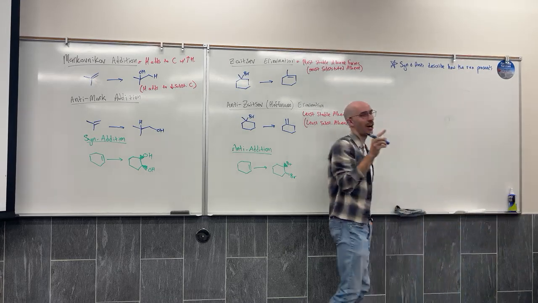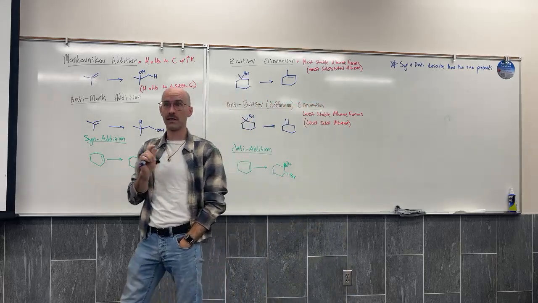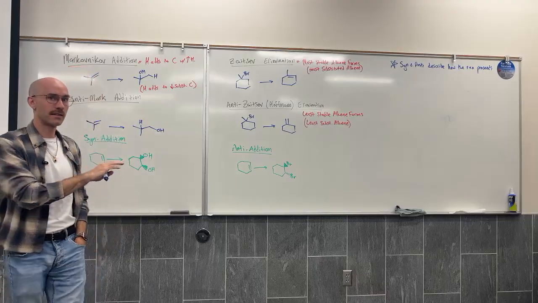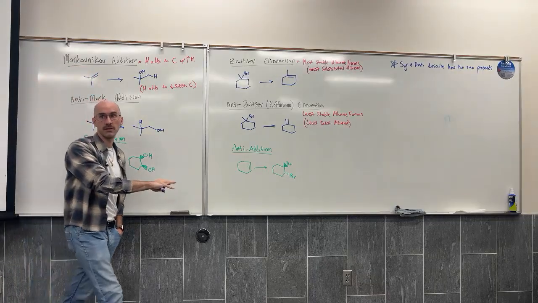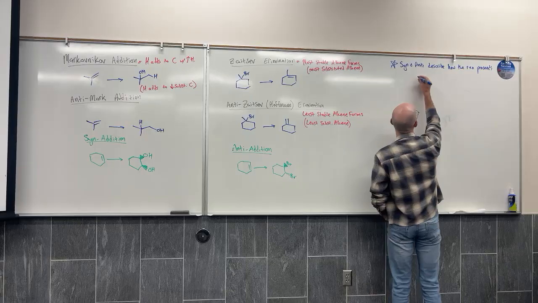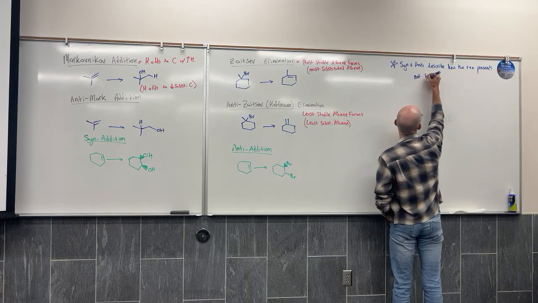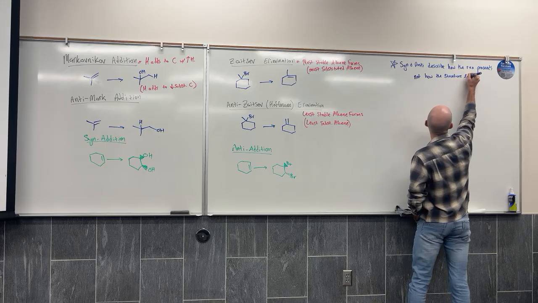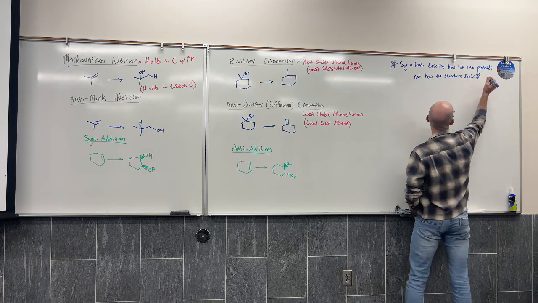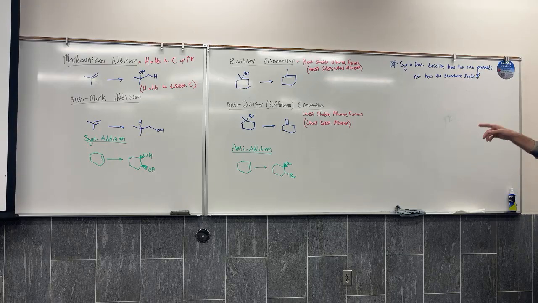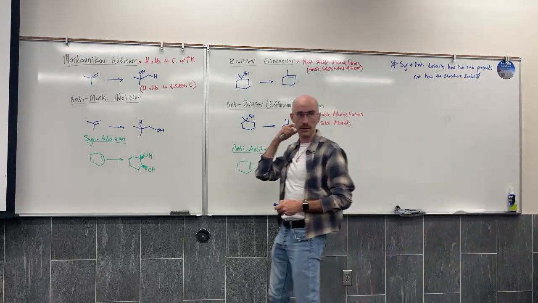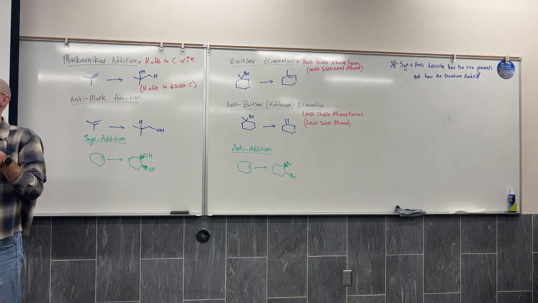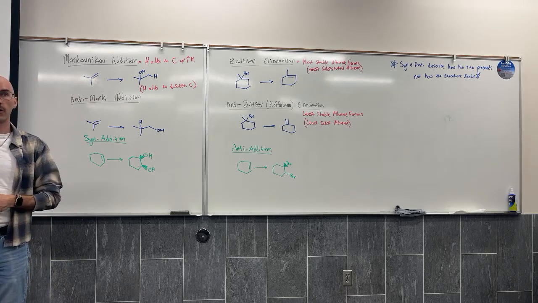Syn and anti are not cis and trans because syn and anti describe how the reaction proceeds, not how the structure looks. And I want to give you an example now that takes us away from a ring. Because we know that the rings can't twist. So yes, syn addition does look like a cis diol.